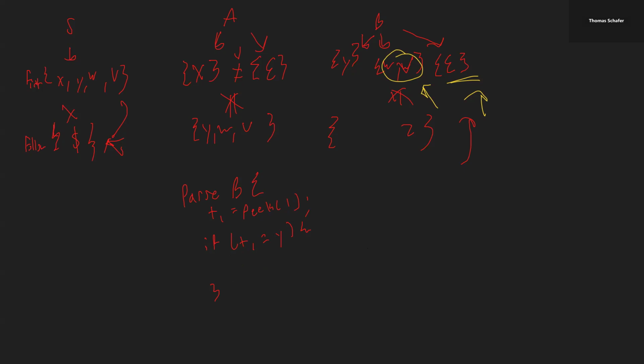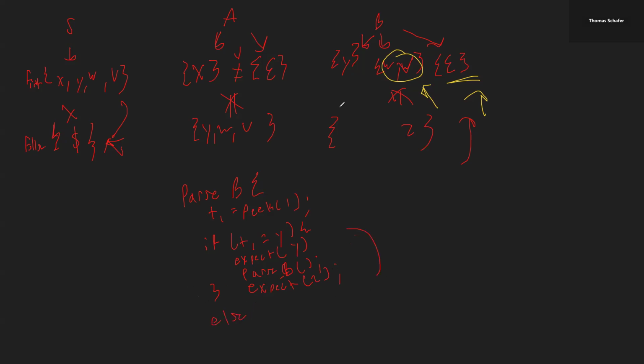Let me look at the definition of B. Okay, so it would be something like expect, or like get token. I would probably say it's expect Y, because that's the first terminal. And then we would call parse B again. And then we would call expect Z to go down that path.